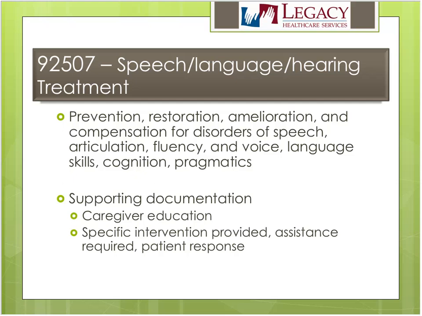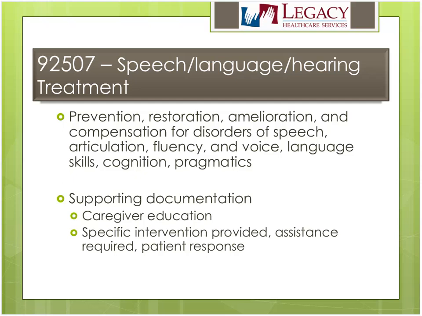If you don't have a diagnosis of dementia, but you're pretty sure there's some cognitive loss, the person should be at least an Allen level 5 in order to bill that cognitive retraining code.